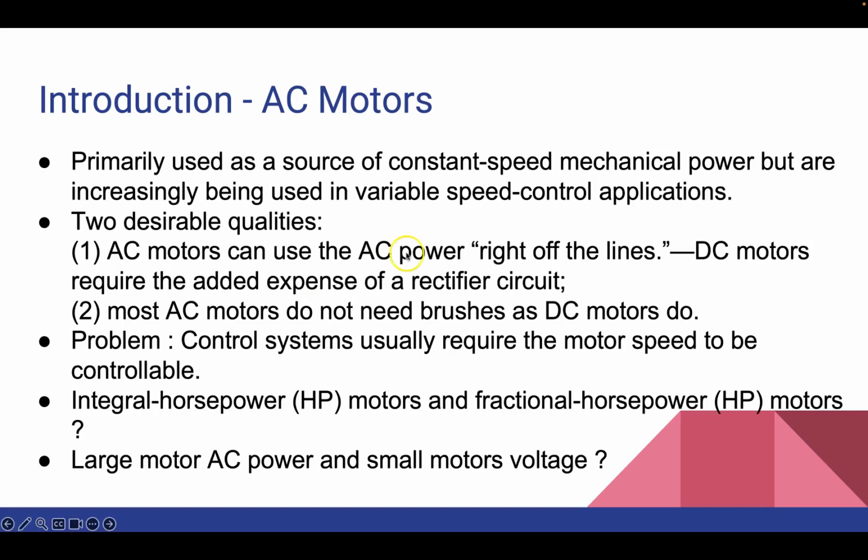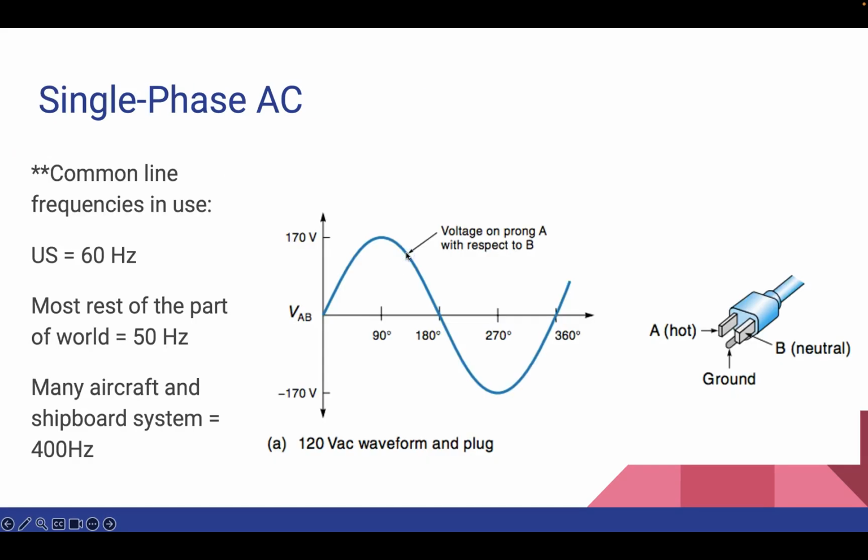Now, moving on, here is a single-phase AC system, in which power is delivered in a cyclic manner with voltage alternating between the two conductors, known as prong A and prong B. During the first half of the cycle, prong A carries a positive voltage relative to prong B, reaching up to 170 volts, as you can see here.